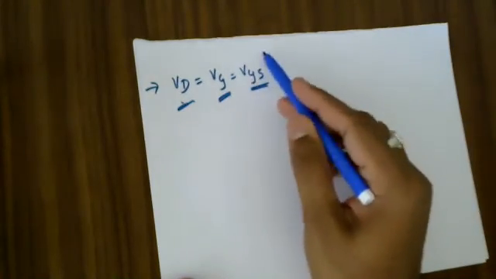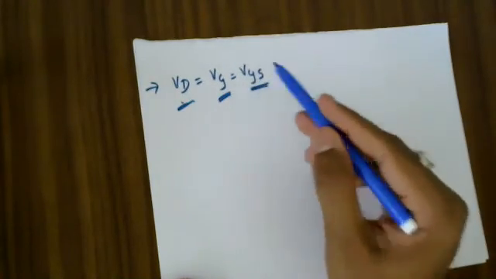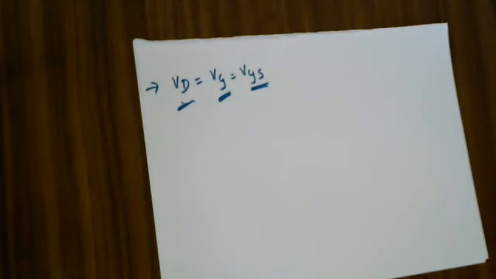So what's the equation that allows us to compute the value of VGS? Yes, what's the equation? Any suggestions from your side?